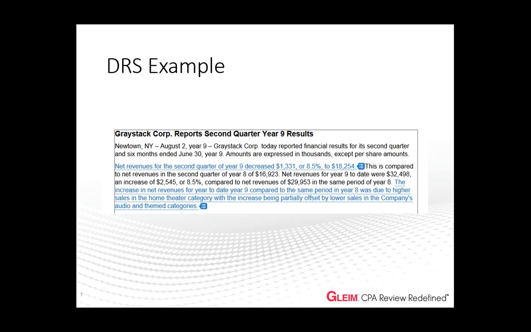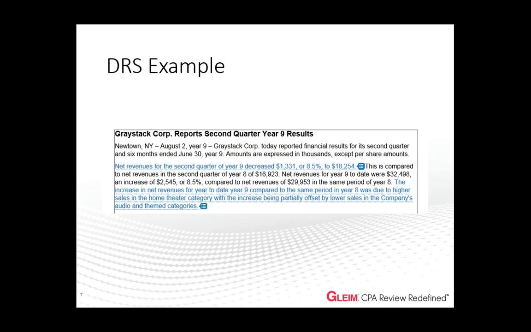We have to do these one at a time, so let's start with the first underlined item. It says net revenue for the second quarter of year 9 decreased $1,331, or 8.5%, to $18,254. In order to know whether this is correct or not, we need to look at the actual financial statements.